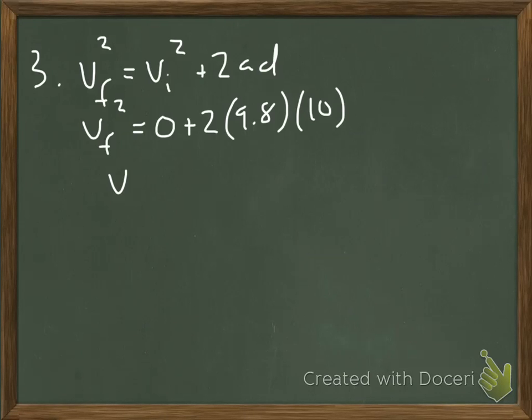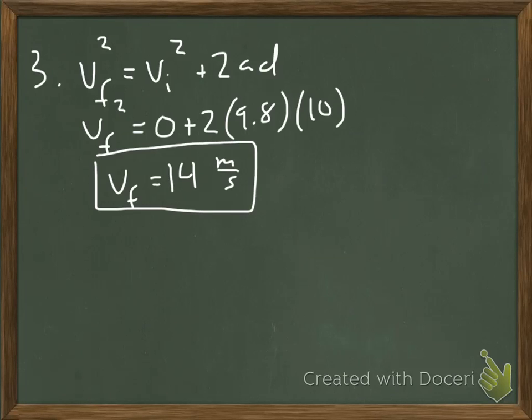And the acceleration here is 9.8 because it's gravity. When you're free falling, the only acceleration that you experience is gravity. And then I got the number 10 there because we're given the height of the tower, which is 10 meters. So I solve for velocity final. Don't forget to take the square root, and you get 14 meters per second.